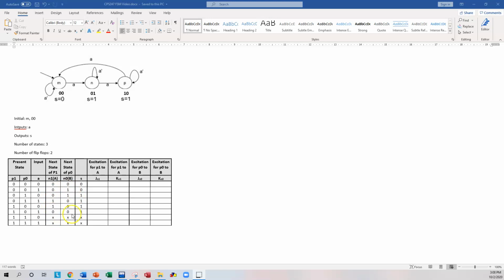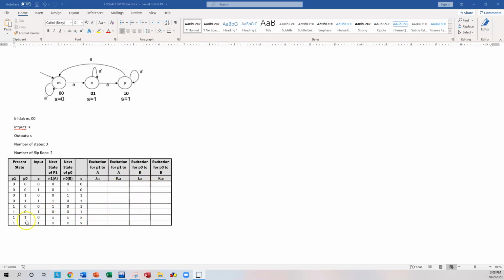I went ahead and filled in the rest of these rows, so you'll notice that when A is a 0, you stay in the current state, and when A is a 1, you move to the next state. So I noticed that pattern. And then finally the state 1 1, that's not used, so you can put in your don't cares, your X's. Now go ahead and fill in the excitation column.